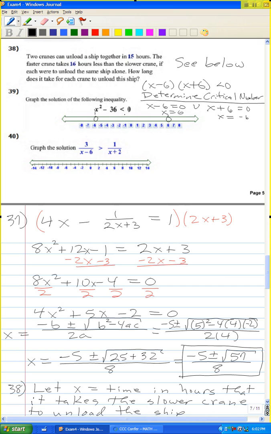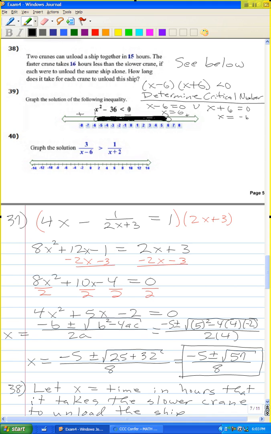Negative times positive is negative. Take a number greater than 6, say 7. Positive times positive is positive. Take a number less than negative 6, let's say negative 7. Negative times negative is positive. We want this to be less than 0, so let's fill in where it says negative, and that's your answer.